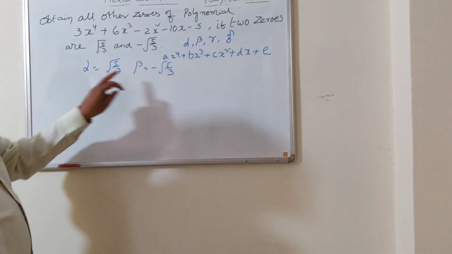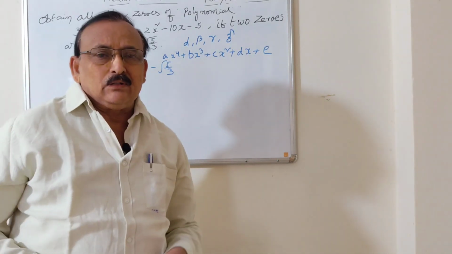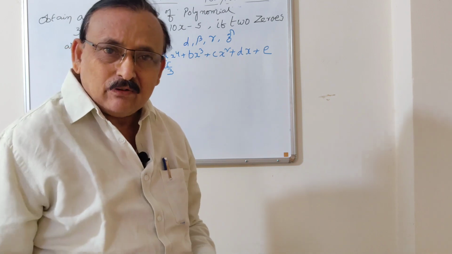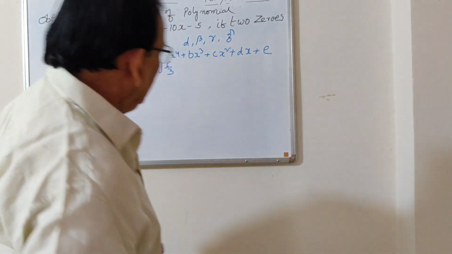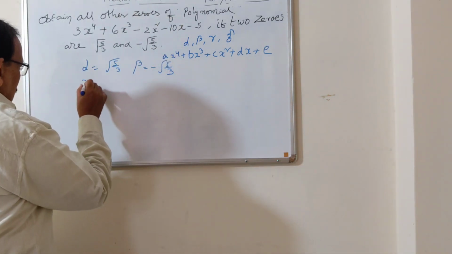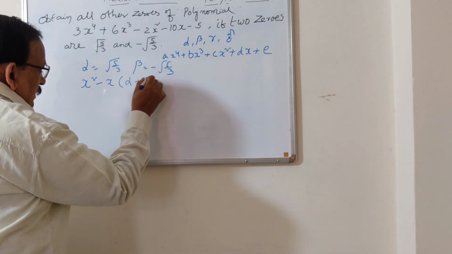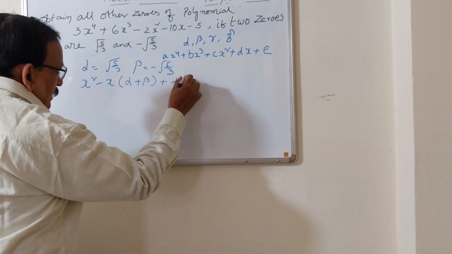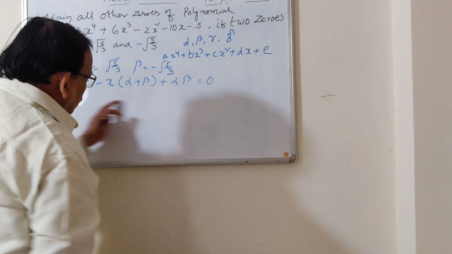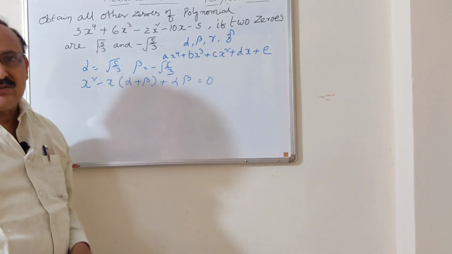Now, with these 2 zeros, we know how to find the quadratic polynomial. First, we have to find the quadratic polynomial. Our formula is x square minus x into alpha plus beta plus alpha beta is equal to 0. This is the quadratic polynomial. We can make it equal to 0 also.